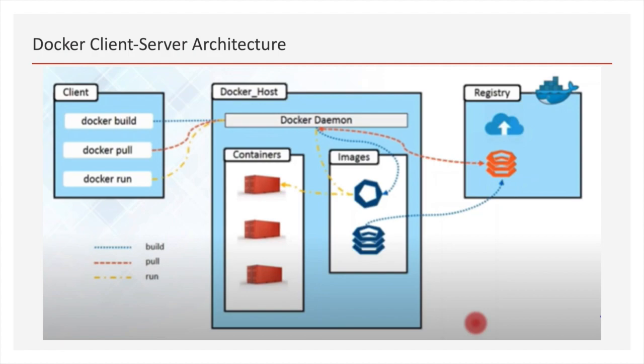If I do not want to create an image, since it's already available in a registry like Docker Hub, I can pull that image by issuing a Docker pull command to the Docker daemon in the CLI. Finally, if I want to create a running instance of my Docker image, I will issue a Docker run command to the Docker daemon, which will create a container.